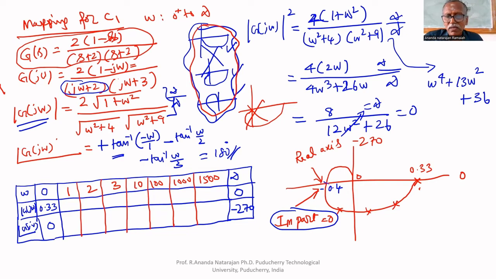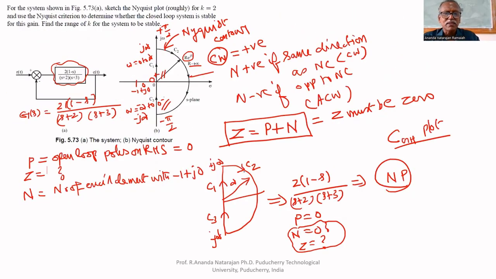So we plotted for 0 to infinity. Now we have to plot the second segment. What is the second segment? This is the second segment.